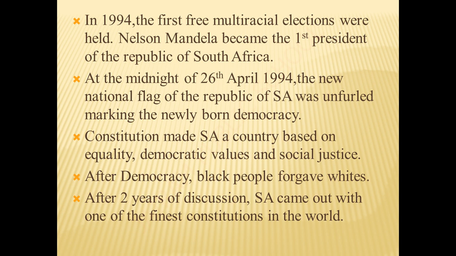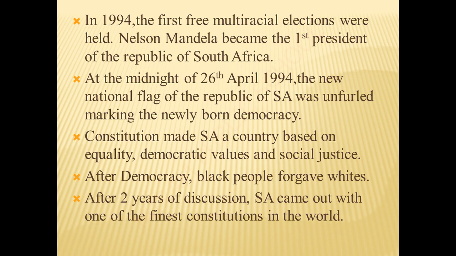Nelson Mandela became the first president of South Africa after it became a republic. South Africa gained independence and the national flag of Republic South Africa was unfurled at the midnight of 26th April 1994, depicting the newly born democracy in South Africa.